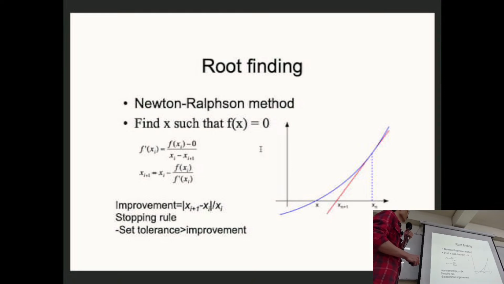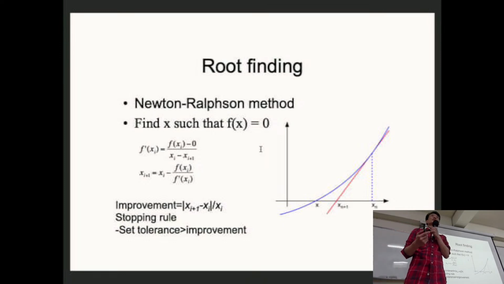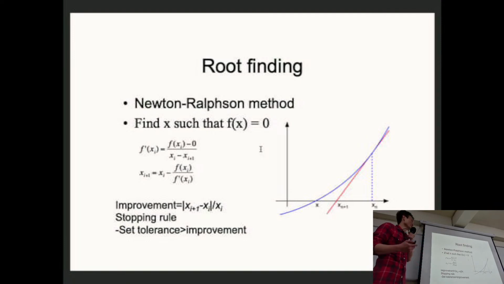Once you have f prime for f of x, you can initially choose some random initial condition x1, right? x1, x2, x3 and so on. Initially you just choose some random number as the initial condition, and then iteratively do the calculation. Eventually we will find that f of xi is very close to 0, perhaps not exactly equal to 0, but close enough to 0.